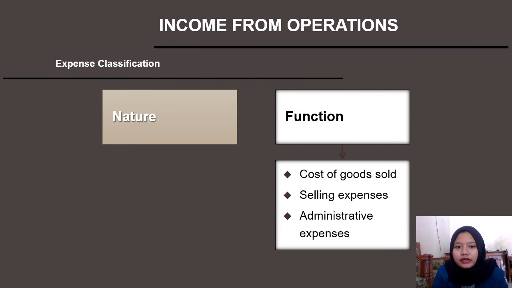Income from operations, expenses classification by function: one is cost of goods sold, two, selling expenses, and three, administrative expenses.